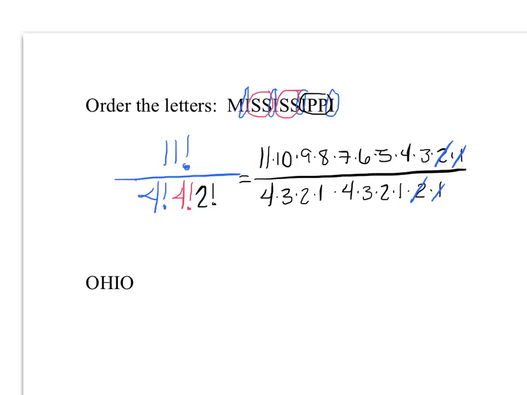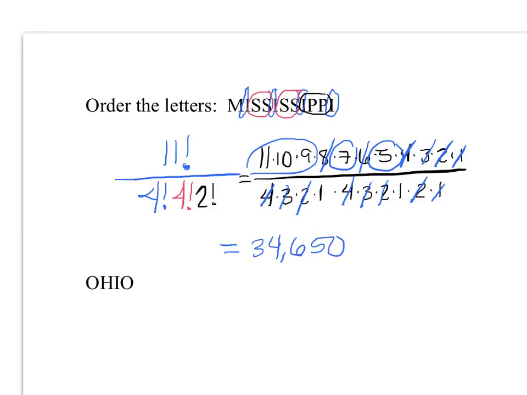Let's see, I can go 4 and 3 and 3 and 3. I can go, let's see here, 4 and 2 make 8. What do I have left? I have a 3 and a 2 makes 6. So then, the ones on bottom don't really matter. I just multiply what's left. So I take 11 times 9 times 10 times 7 and then times 5. And we should get 34,650.